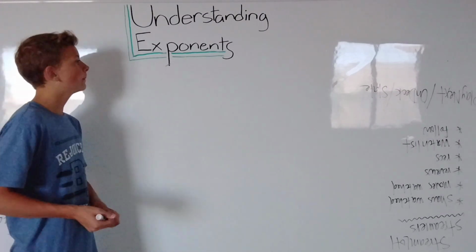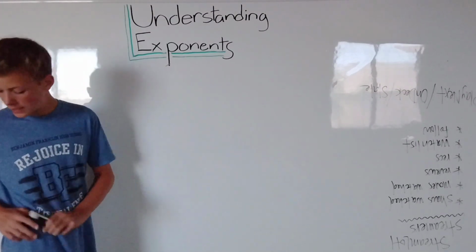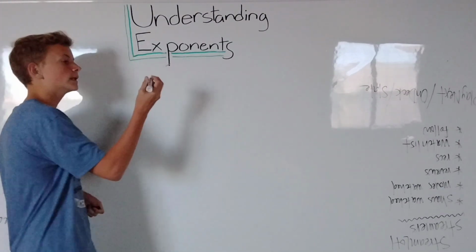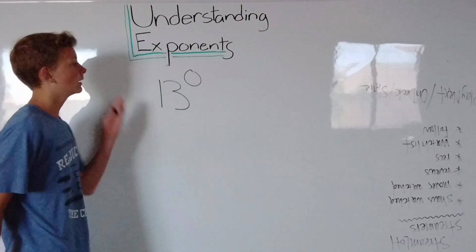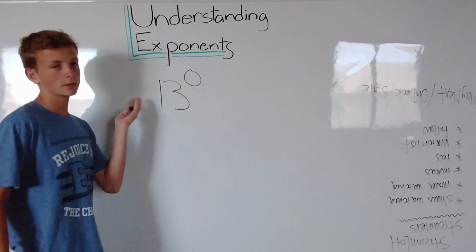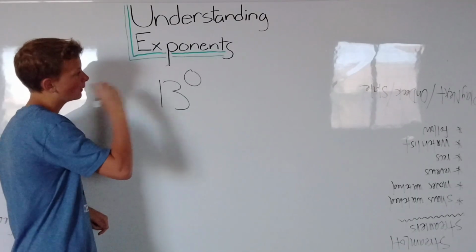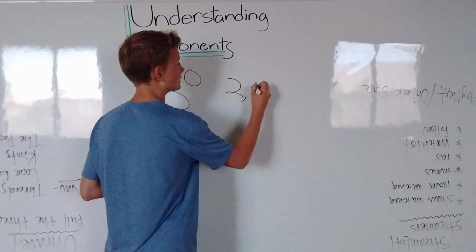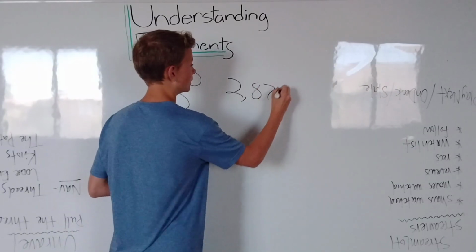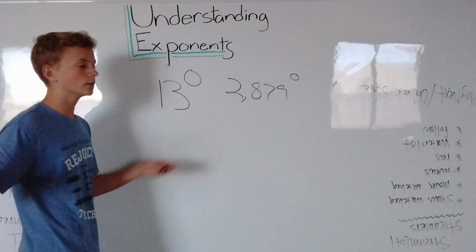Okay, so the final rule of exponents is the 0 exponent rule. Let's say we have 13 to the 0 power. This is a really big number, kind of. Basically, if there's a 0, it doesn't matter how big the number is. It could be some really crazy number to the 0.